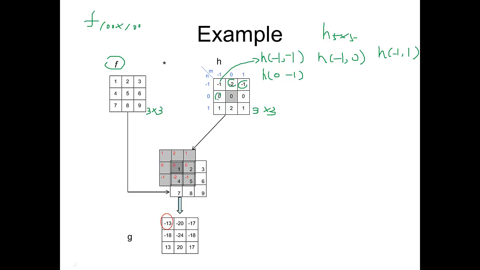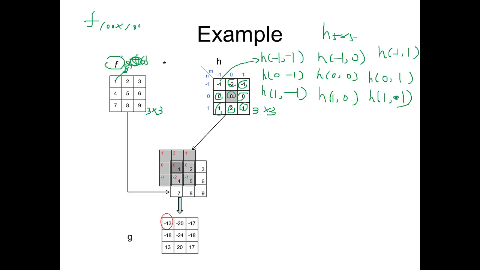Then H0, 0, that's this one. Then H0, 1. Then H1, -1 is this one. Then H1, 0 is this one. Then H1, 1 is this one. I'm sorry, this is a positive one. So that's H.